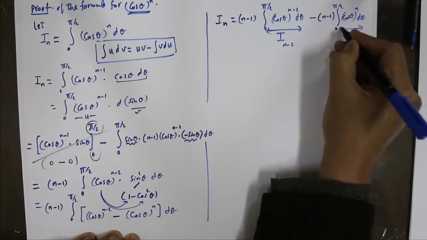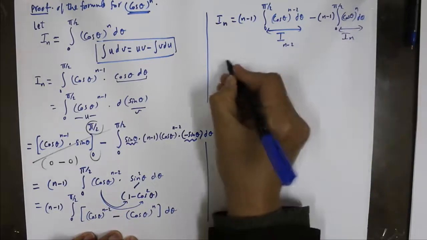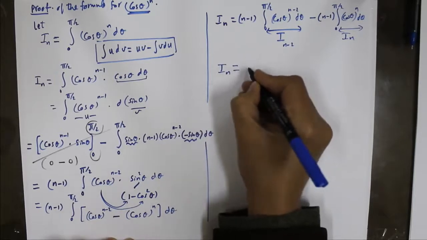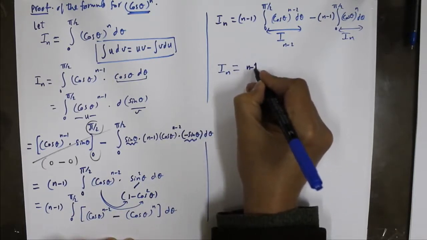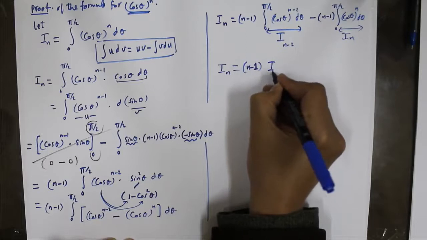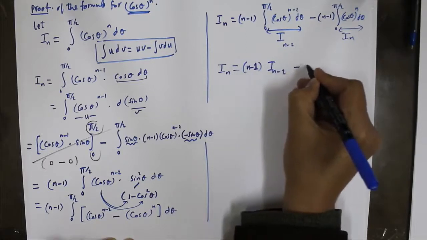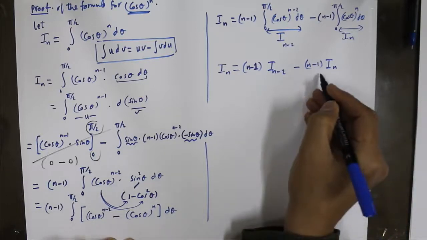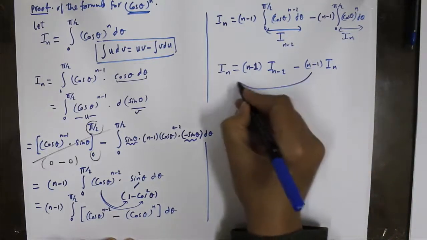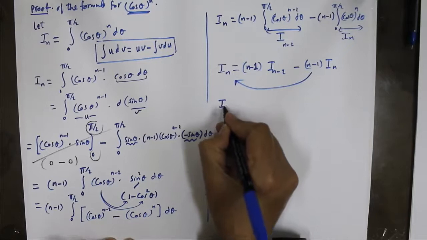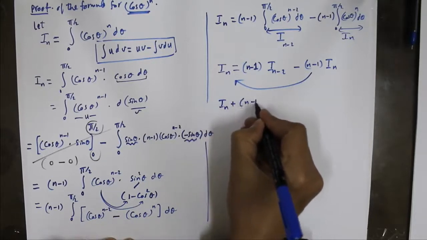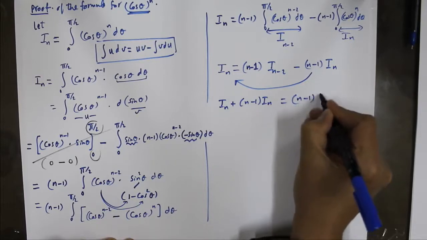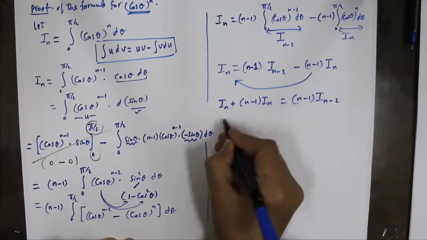This is the original integral I_n. So we have simply an algebraic relation relating I_n with a previous one, which is I_{n-2}. Therefore, we can solve this algebraic equation to collect I_n plus n minus 1 times I_n equals n minus 1 times I_{n-2}.